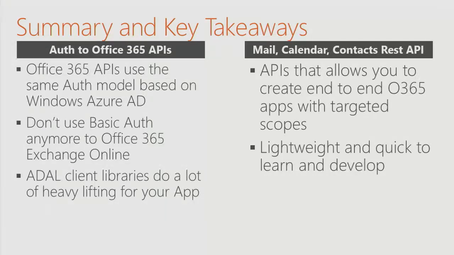So you ask the user exactly for the things that you need, nothing more. And again, we are hoping that the REST APIs will provide a lightweight and quick way for companies to not only onboard quickly, because they are all common standards, but also develop apps on various platforms.